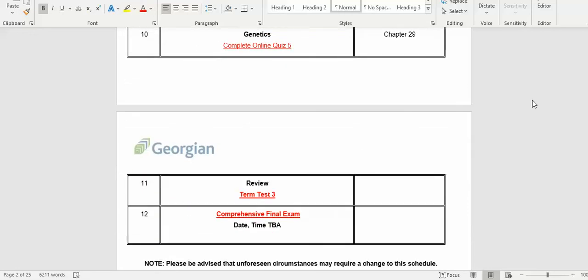Term test 3 will be in week 11, in which there will be no new material, so that everything will have been tested. It will represent approximately a third of the comprehensive final exam, so therefore it will be about a third of your studying already pre-done. In week 12, we will have the comprehensive final exam on everything in the term.